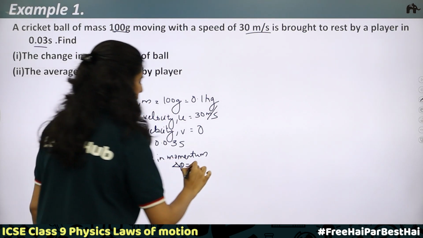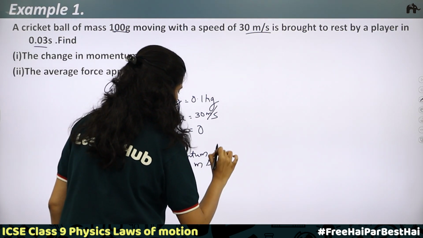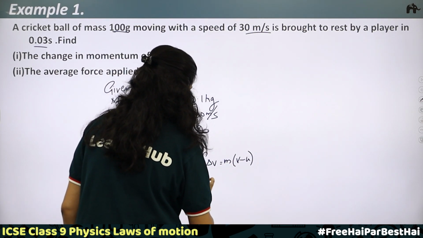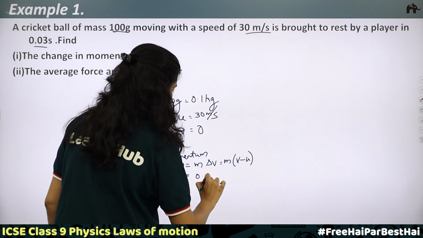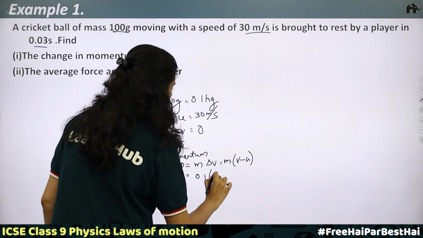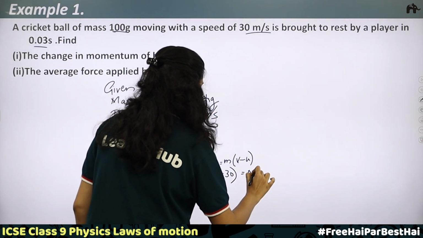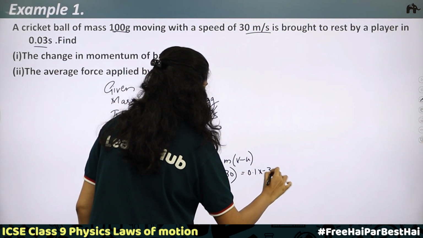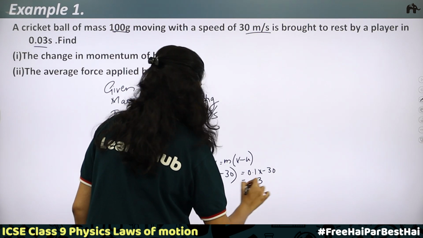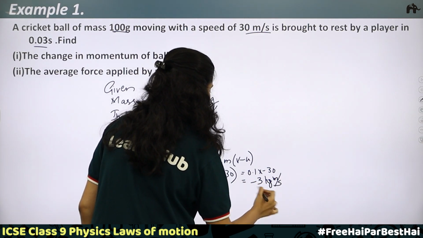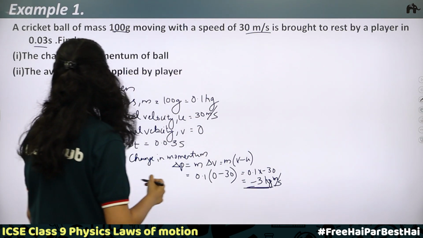Change in momentum will be mass as a constant times delta v, that is m(v minus u), which is equal to 0.1 into (0 minus 30). So, 0.1 into minus 30, which is equal to minus 3 kilogram meter per second.